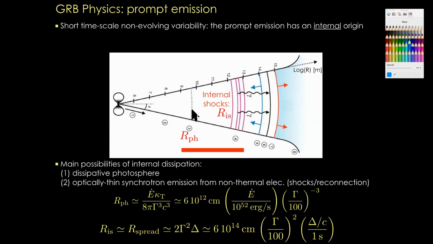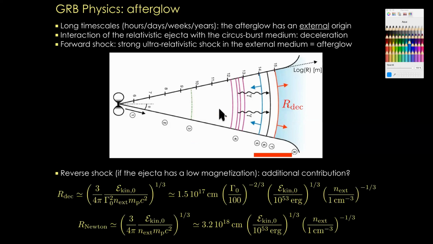First, it becomes transparent. Second, it dissipates some energy with internal mechanisms. And finally, it will be decelerated by the external medium. And because of the much longer time scales observed in the afterglow, it's very natural to associate the afterglow with this deceleration.